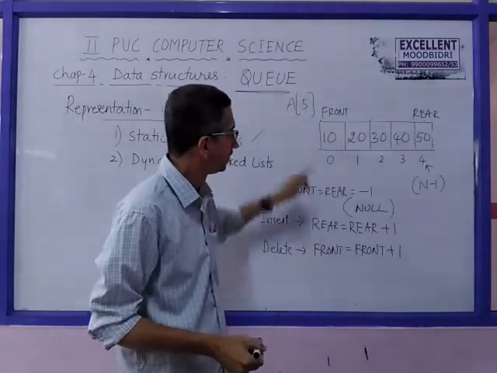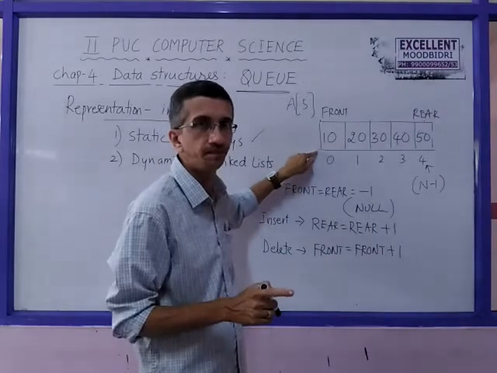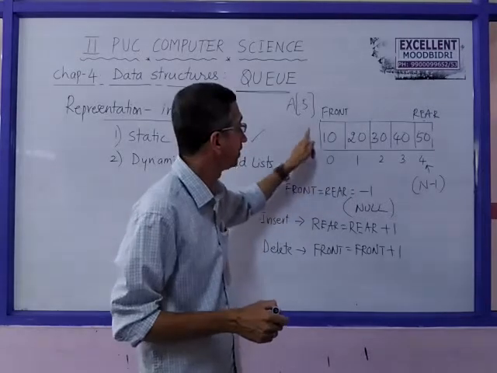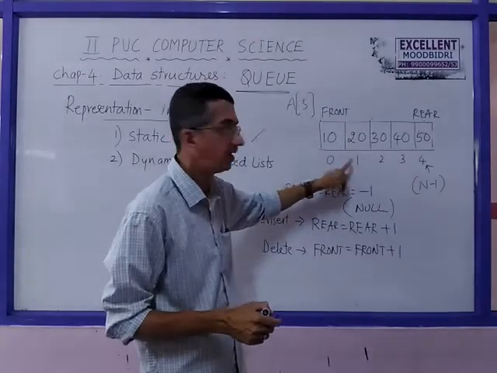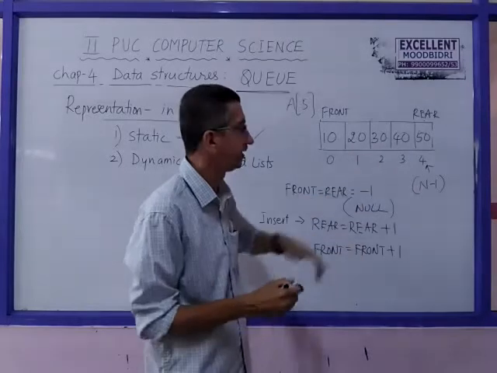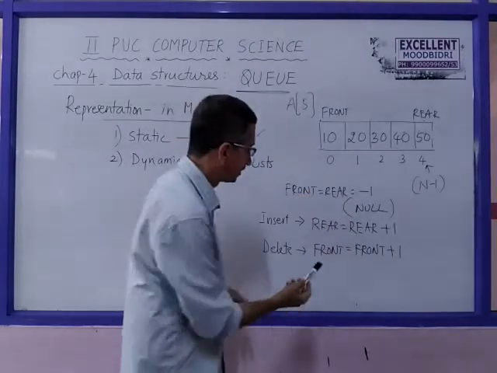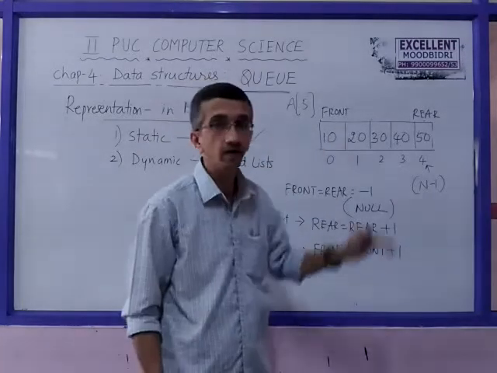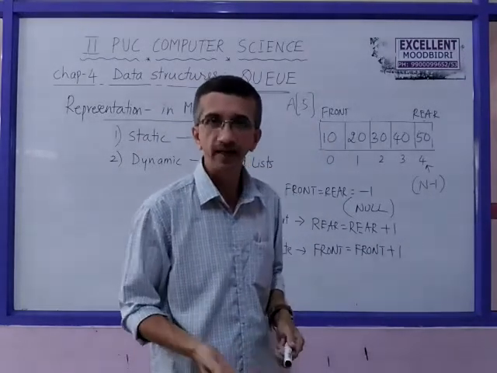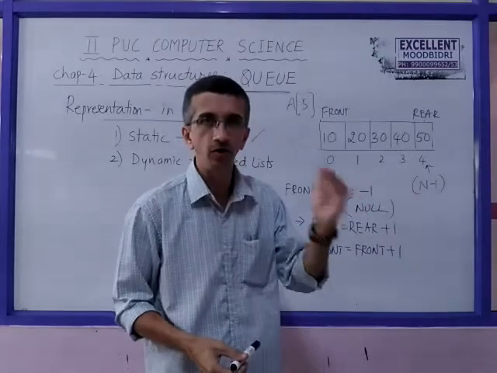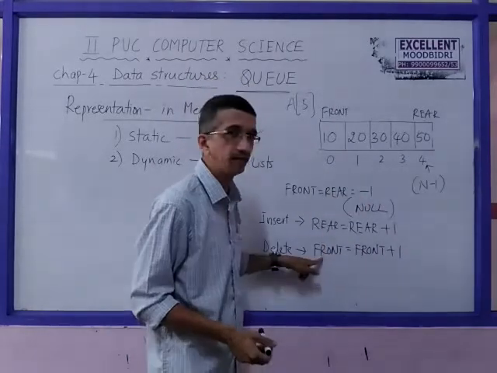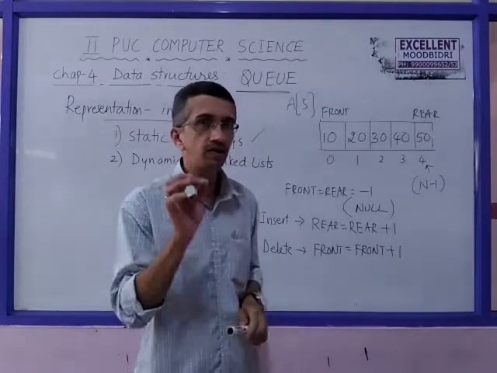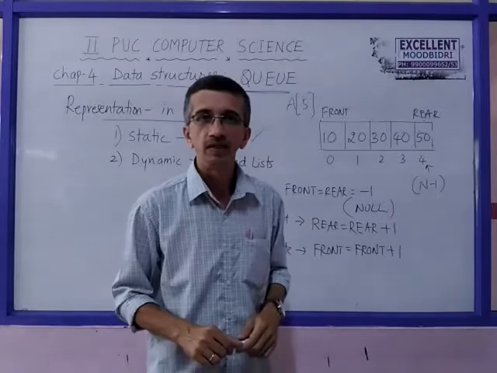So you delete the item at index 0 first, then the item at index 1, front incremented, front plus 1. Next you delete the item 30, which is at the index 2. That is why each time you should increment the front. Anyway, front and rear will be the indices when we represent using an array, correct? So increment the front to delete an item, because after 10 it is 20 to be deleted, then 30 to be deleted.